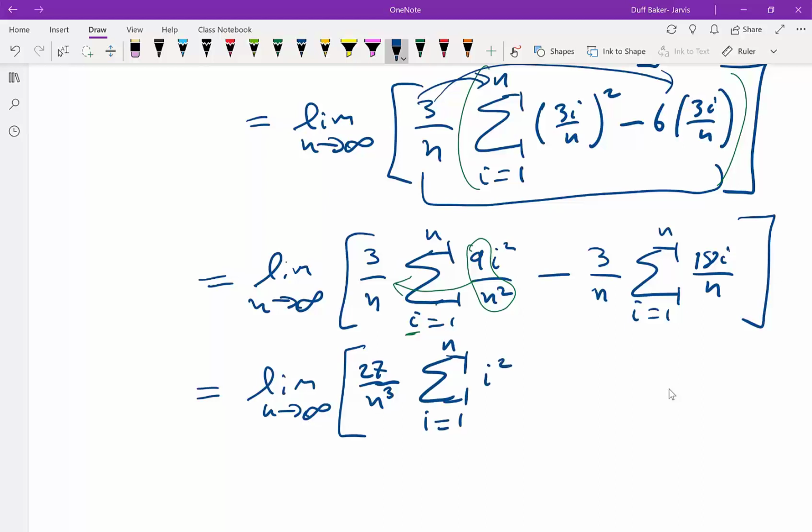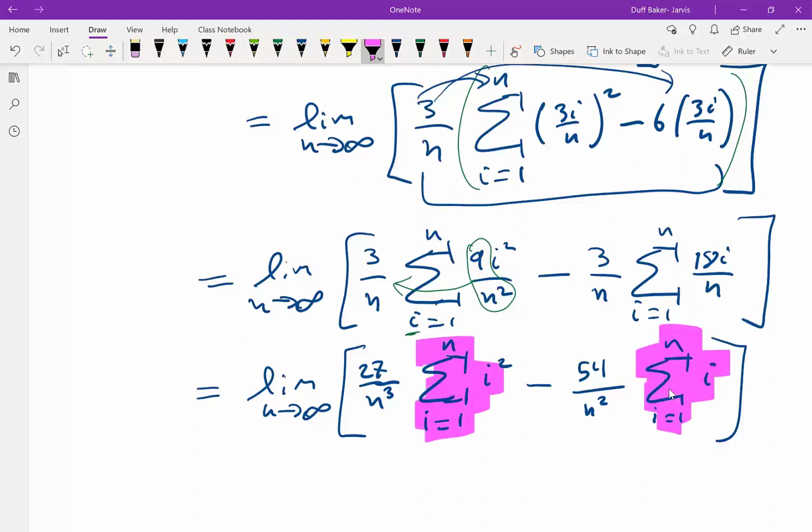Now I just have the summation of i squared, which is what I was going for. If we do the same thing in the second term, 18 times 3, what's that? That's 54, over n squared times the summation of just i. And now we know these things have formulas, right? This thing has a formula, and this thing has a formula. So we can go ahead and replace them with the formulas.